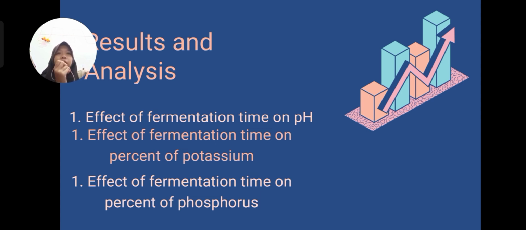The best nitrogen content is 2.18% at EM4 volume of 70 ml with a fermentation time of 50 days. Potassium content of 0.64% in the volume of EM4 as much as 70 ml with a fermentation time of 50 days, and phosphorus of 1.16 in that volume of EM4.